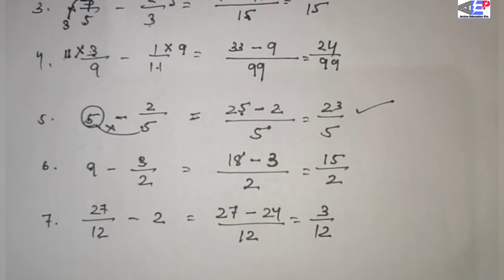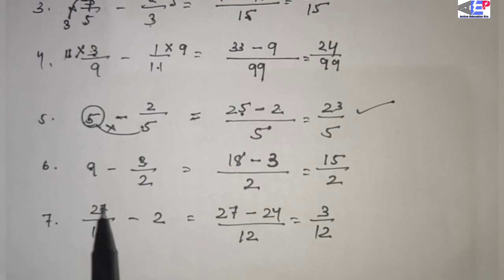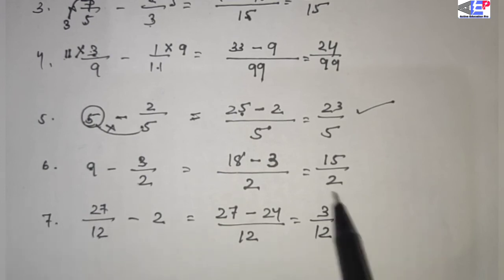And look here, if you subtract a whole number from a fraction, then the fraction should be an improper fraction, because an improper fraction is greater than 1. Whatever the whole number may be, otherwise you will get a negative fractional number. Here I subtract a whole number 2 from an improper fraction, and we get a positive result.